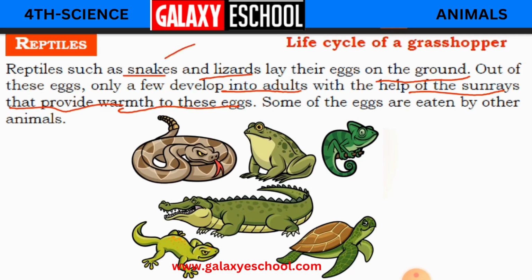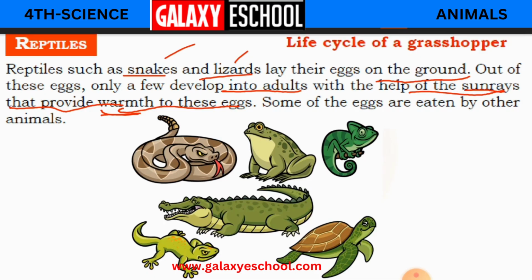As they are on the ground, the ground receives the sun rays, and because of these sun rays, the eggs get the warmth, which is very necessary for hatching. Through the sun rays they get warmth and hatch, and the young ones come out from the eggs.